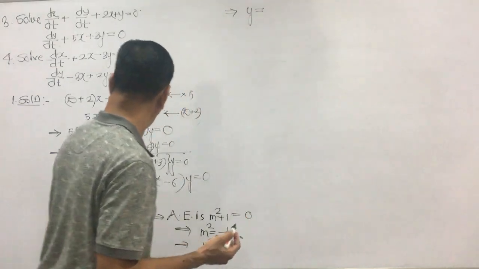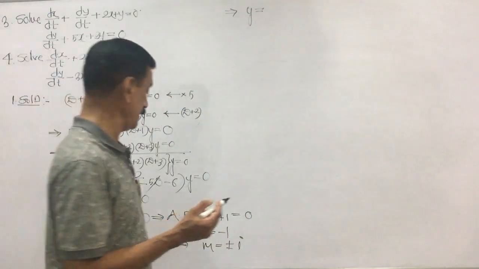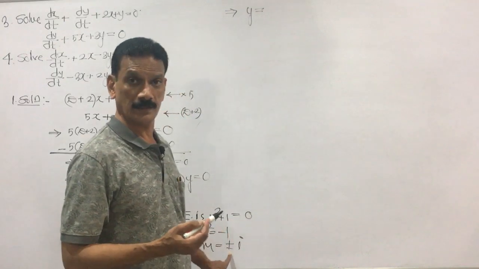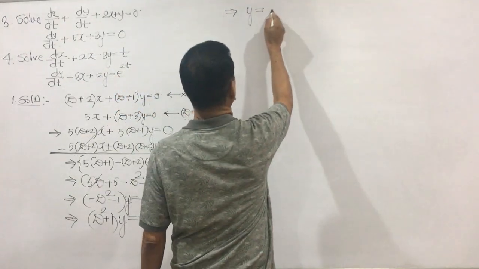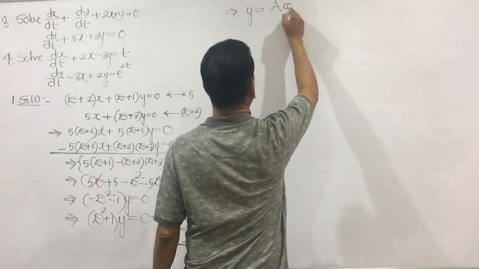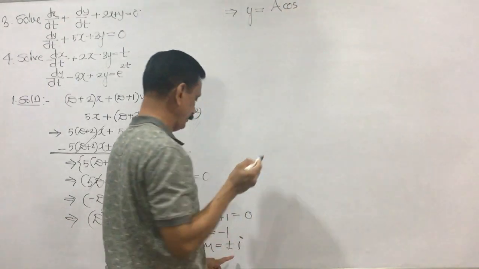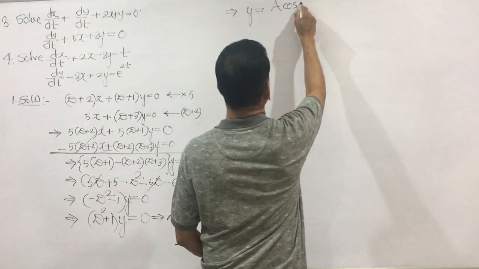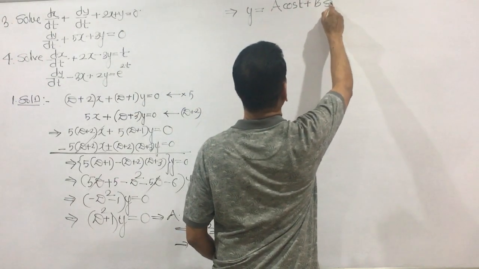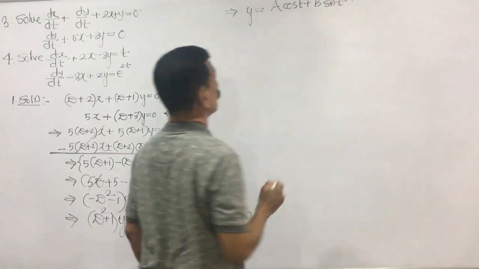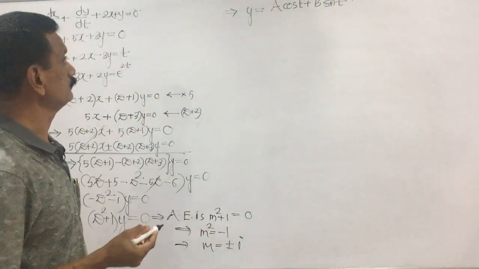But here the independent variable is t, so e raised to 0 here, and e raised to 0 means 1. So instead of taking c1 and c2, I take constants a cos, beta is 1, so it is a cos t plus b sin t. So this is one of the solutions.